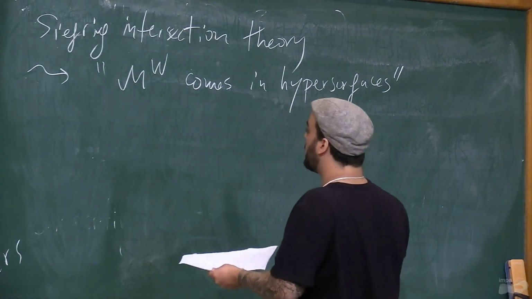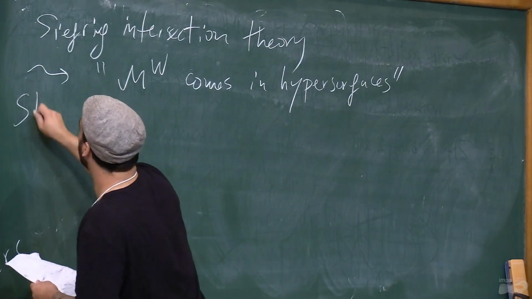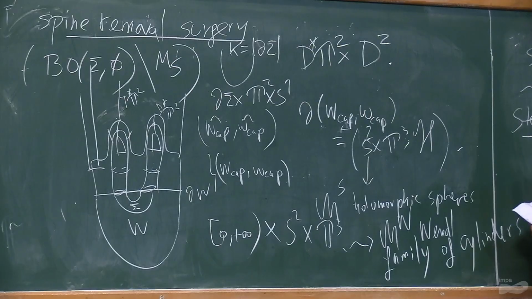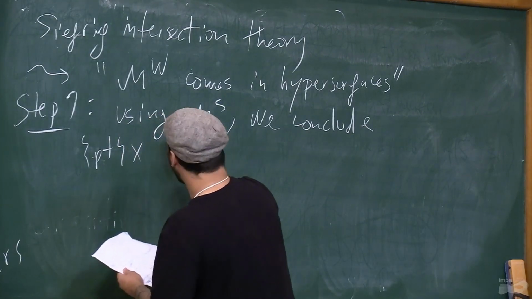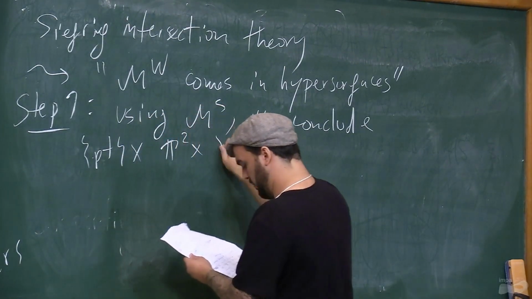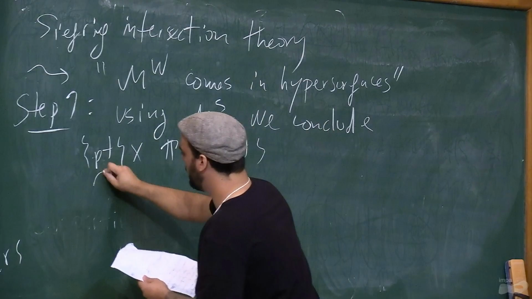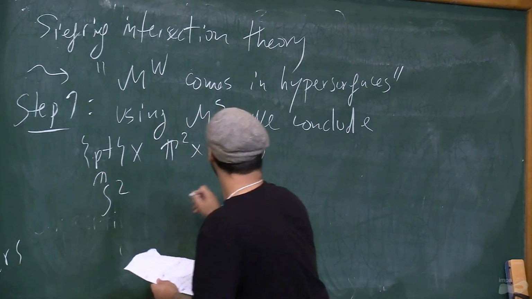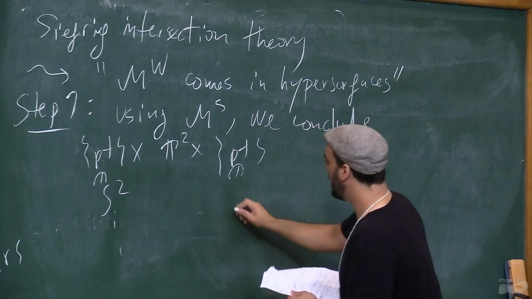Okay, so what's step one in order to get the key result? Step one is, using the moduli space of spheres, we conclude the following inclusion: point times T2 times point, where the first point is any point in S2, and the second is any point in S1.